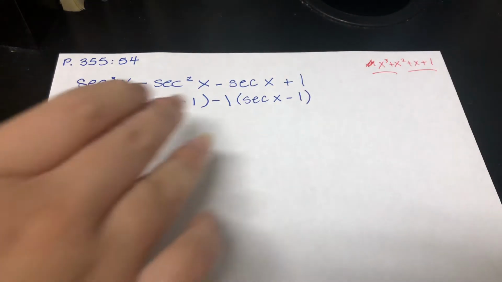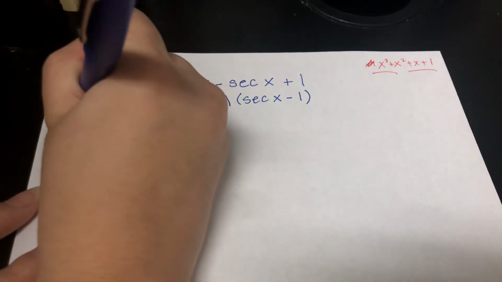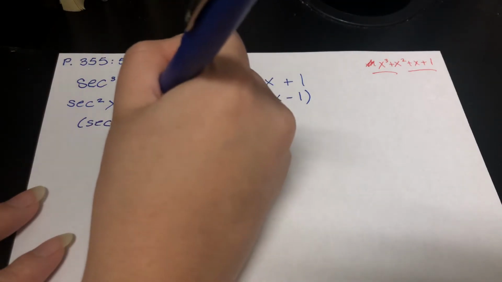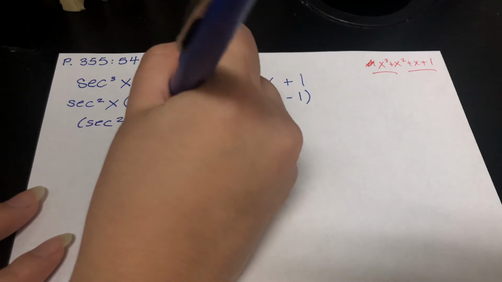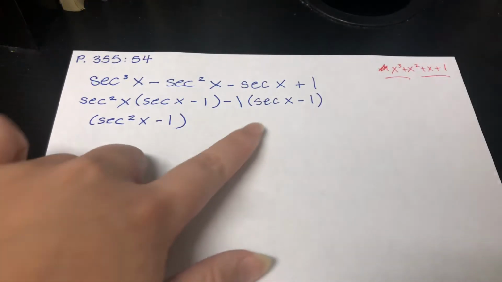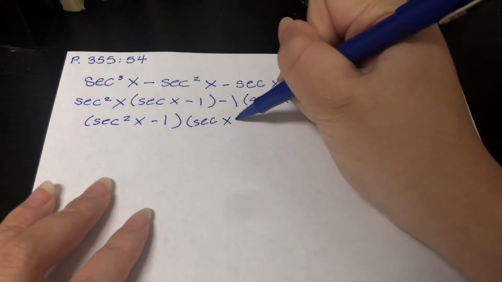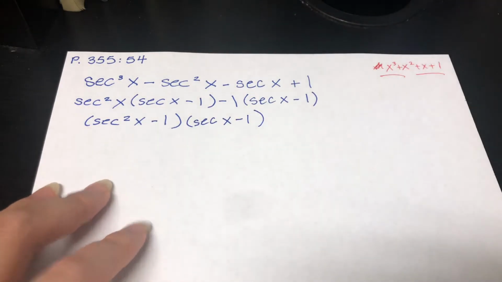And then if we take these two and put them together, it'll give us secant squared minus 1, and then this one will be secant x minus 1. So we're almost there.